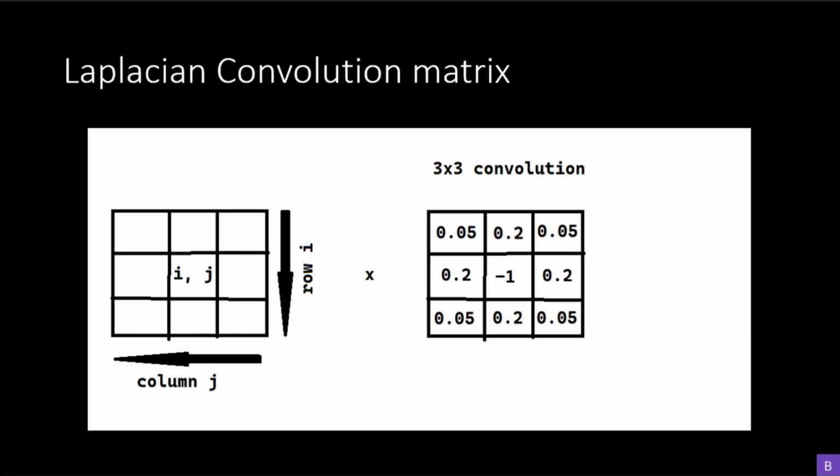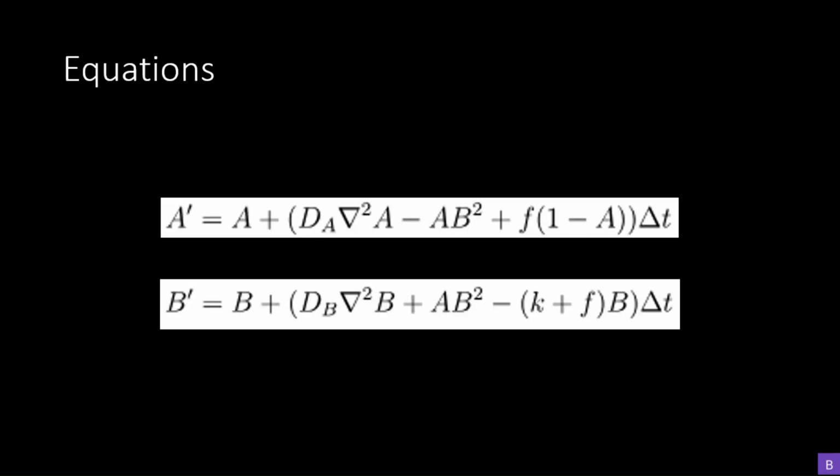First, let's take a point in the array on row I and column J. Look at its adjacent and diagonal neighbors. We can then multiply all of these values by a particular 3x3 matrix to perform the Laplacian operation. These equations add up to the updated concentrations A and B prime. Once updated, we can swap this with the previous concentrations to continue the process.